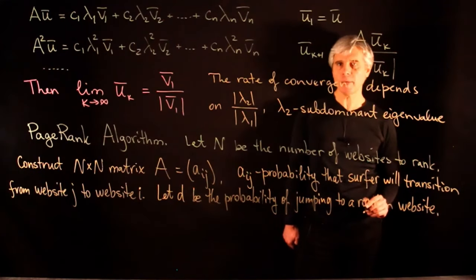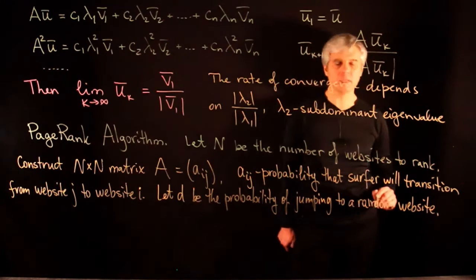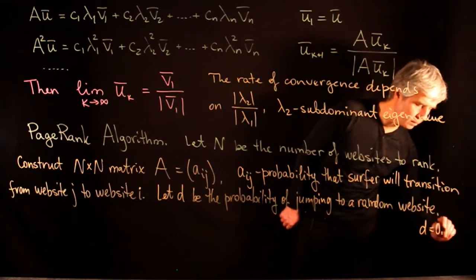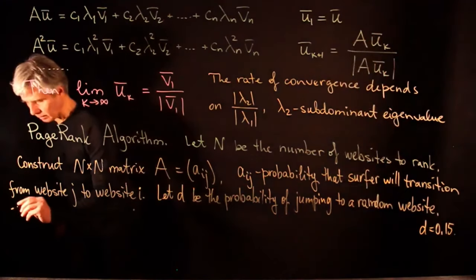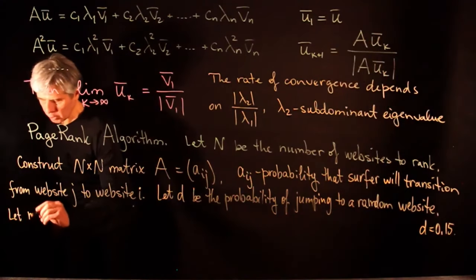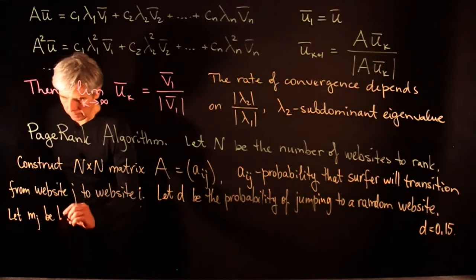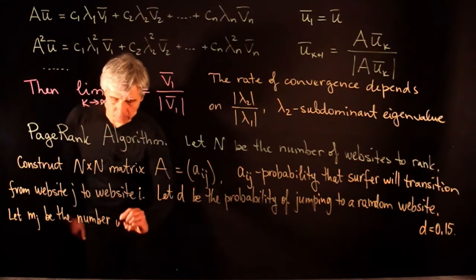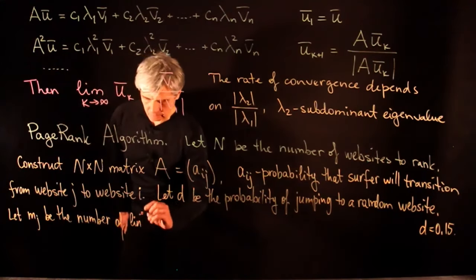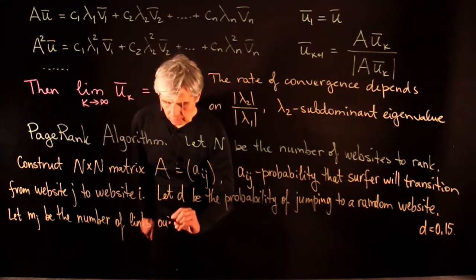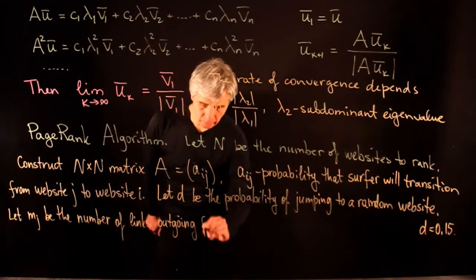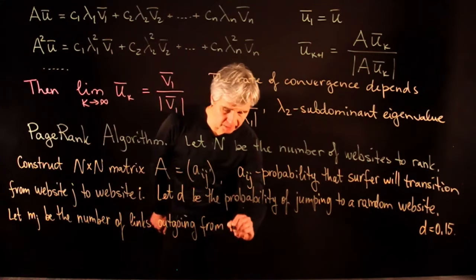In the original paper, Brin and Page indicated that they chose the value of 15% for this parameter. Let m_j be the number of links outgoing from website j.